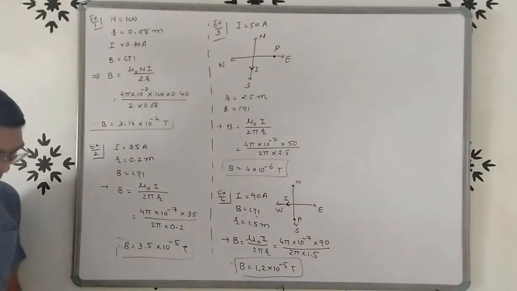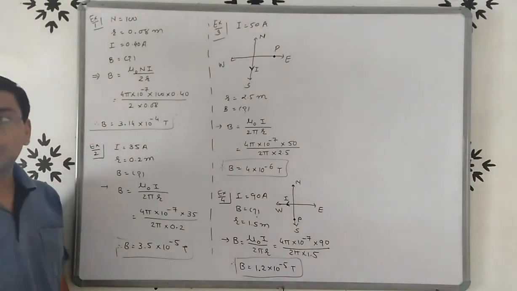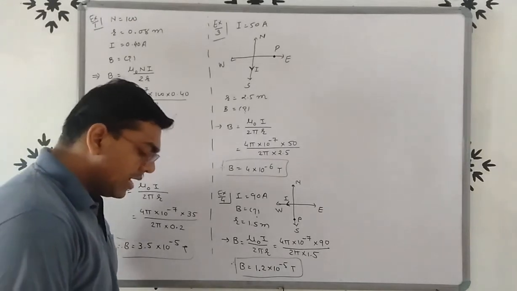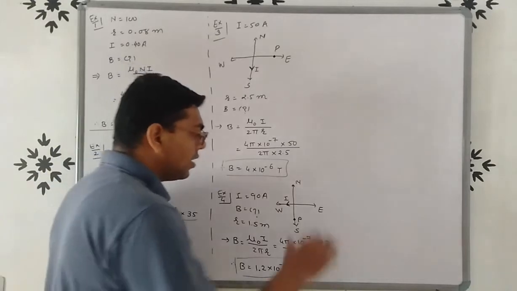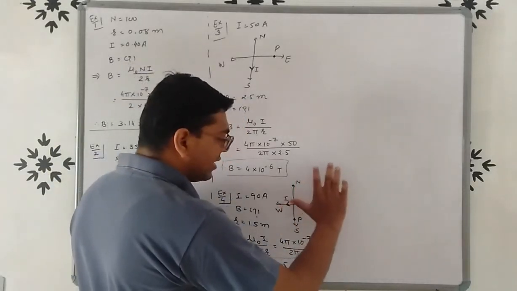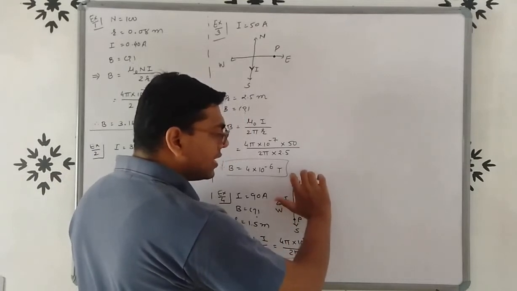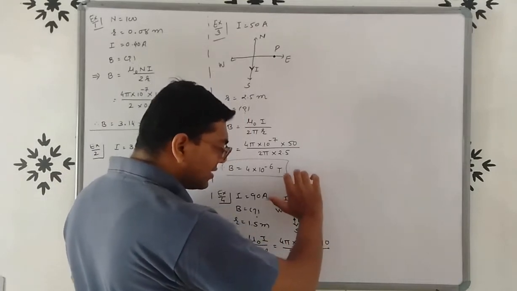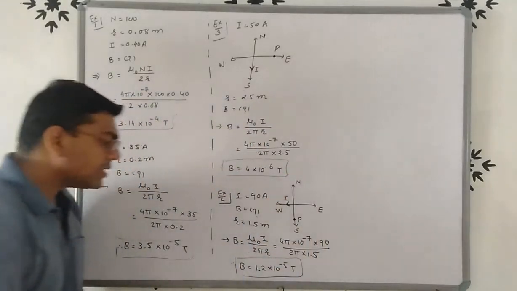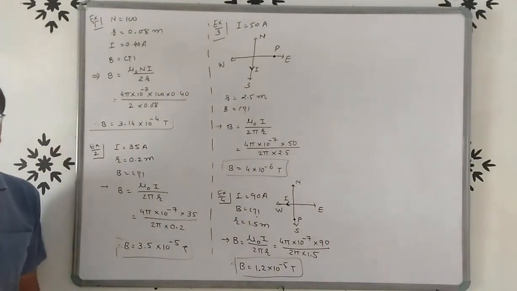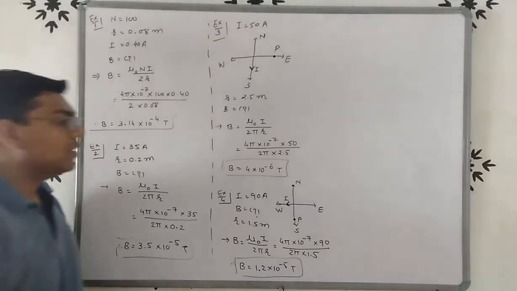The direction of magnetic field is towards south, right? Because see friends, here we place the thumb of the right hand in the direction of current from east to west like this. So the fingers show the direction of magnetic field. The fingers are like this from north to south, right? So the direction of magnetic field B is towards south, right?